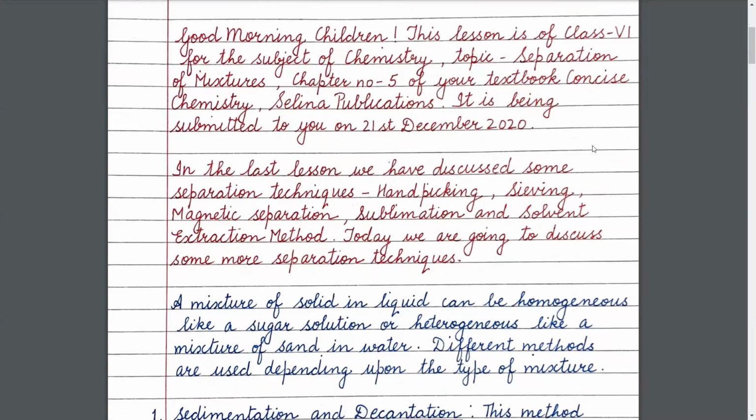In the last lesson, we discussed some separation techniques, that is, handpicking, sieving, magnetic separation, sublimation, and solvent extraction method. Today, we are going to discuss some more separation techniques.